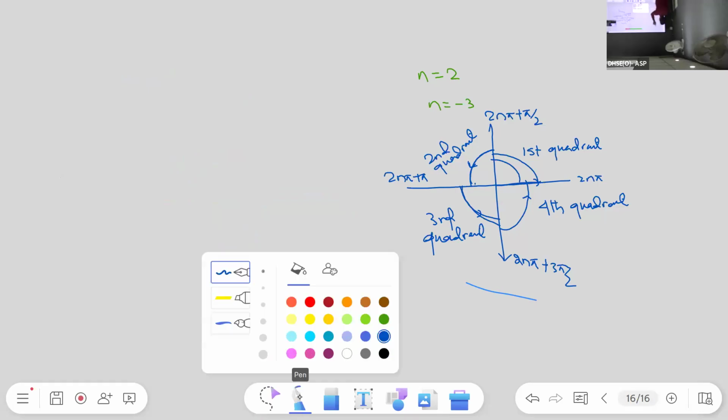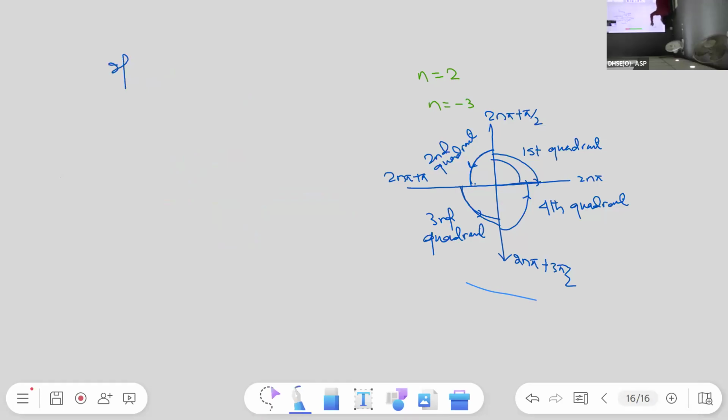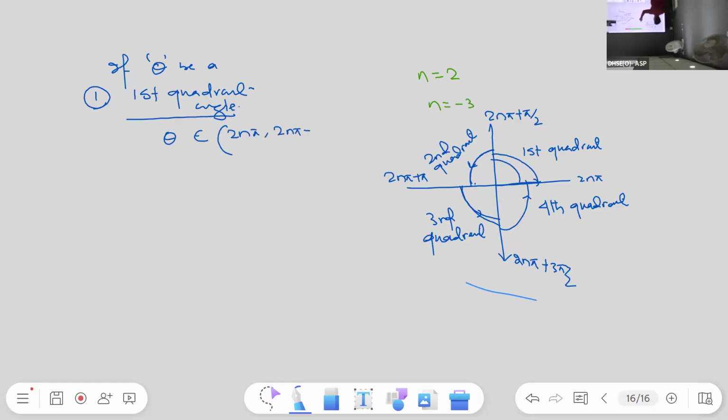So write down, if theta be a first quadrant angle, then theta belongs to 2n pi to 2n pi plus pi over 2.